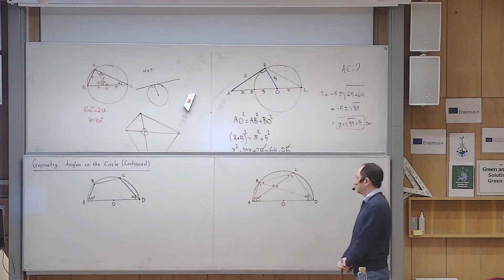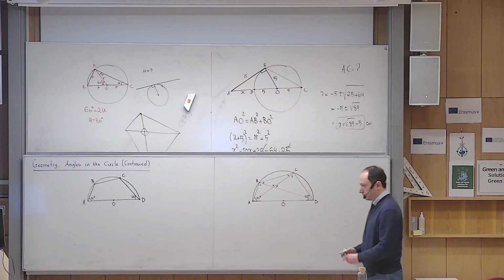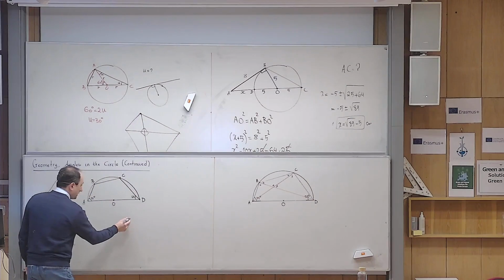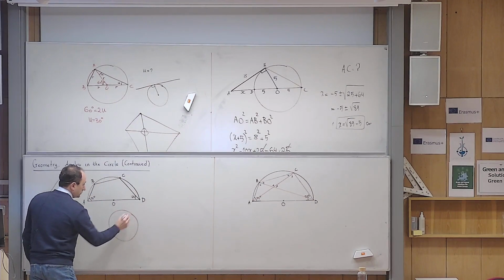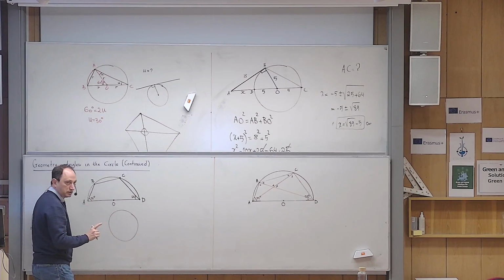I know that W and Y are 90 degrees because it's a half circle. Let me review this very important fact I want you to remember: if you have an inscribed angle opposite to a diameter, that is 90.